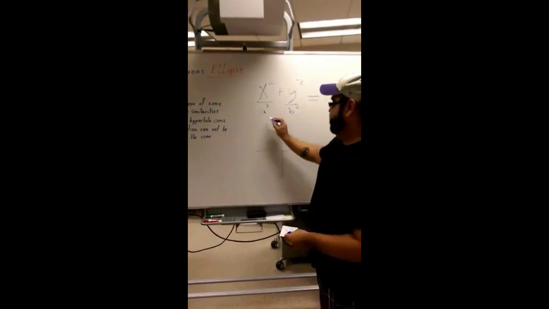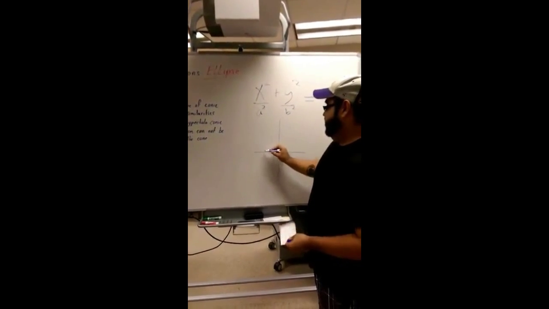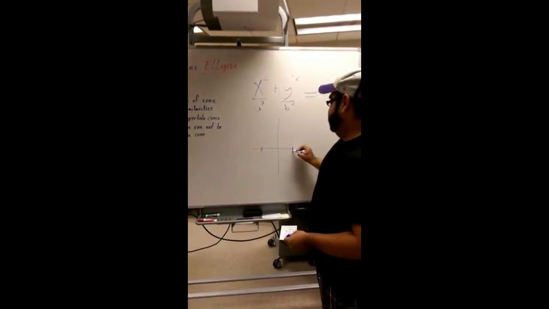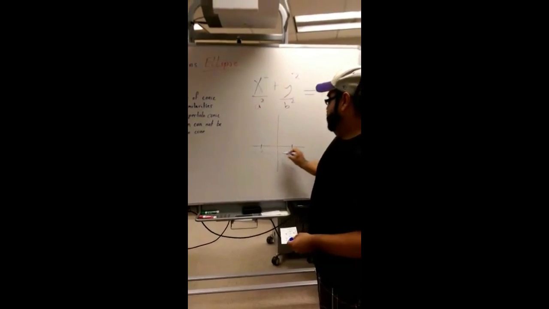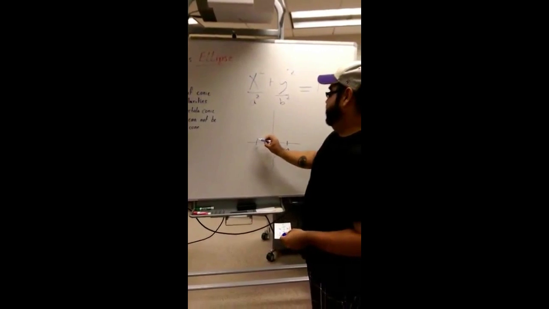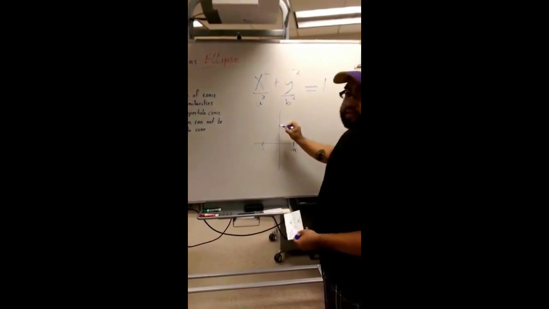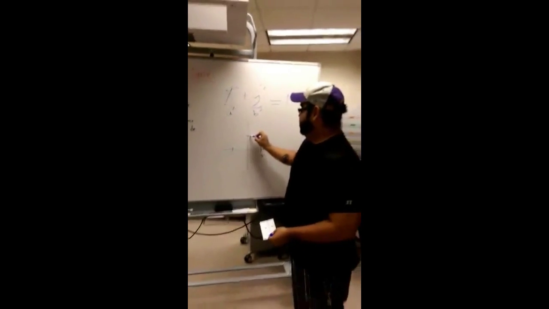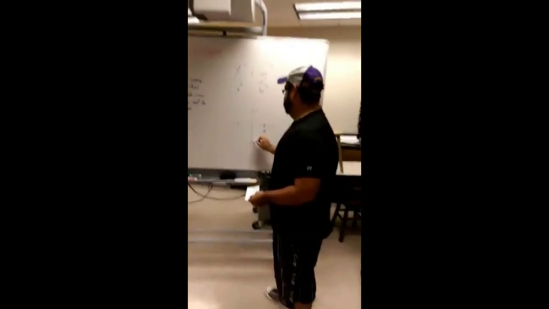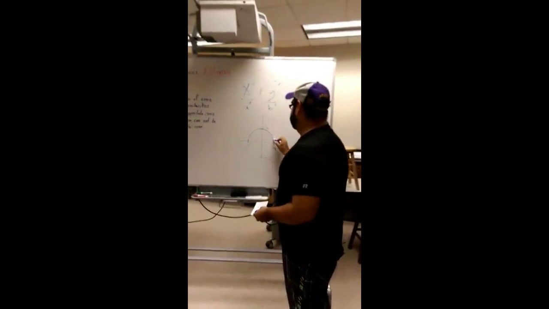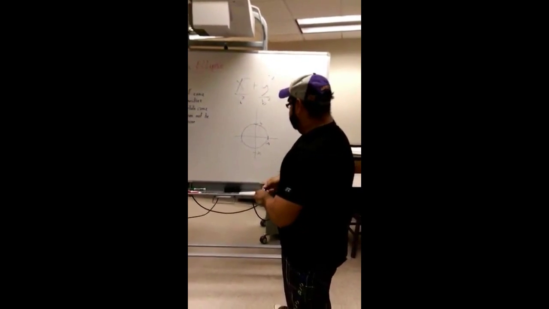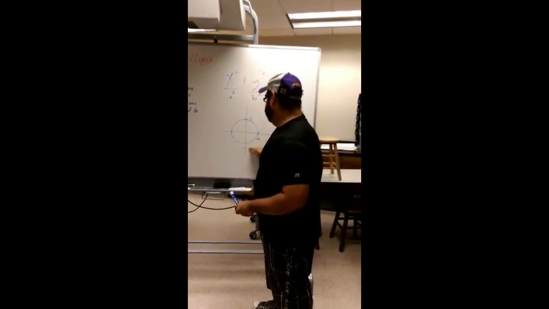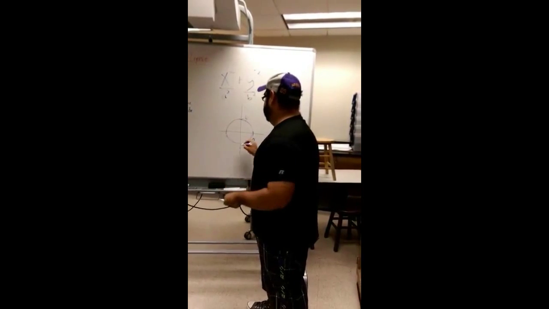So if we get the value of A, and let's say it's over here, and over here, these are going to be the x's, A and negative A. This is how wide it is, and B is going to be how tall it is. Does that make sense? So B and negative B. So it's going to look a little like this. Almost looks like a circle, but I didn't need to draw it like that. This is going to be negative B.